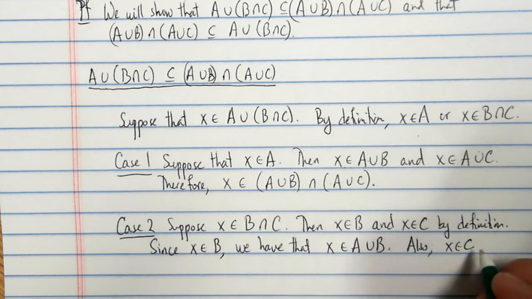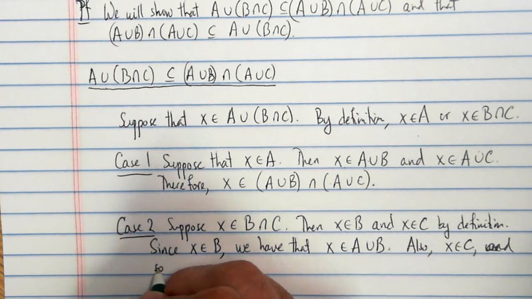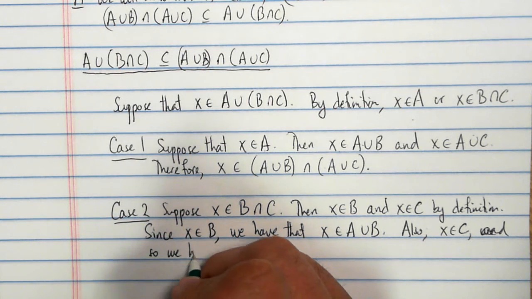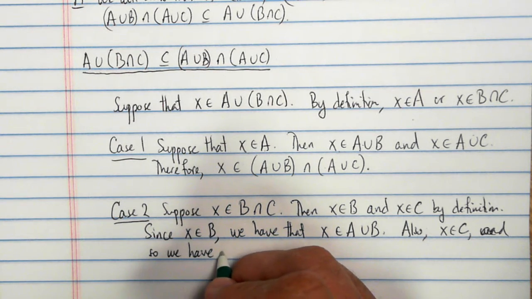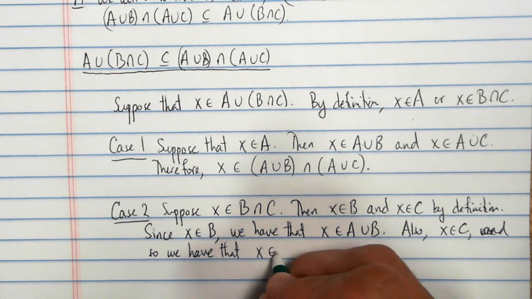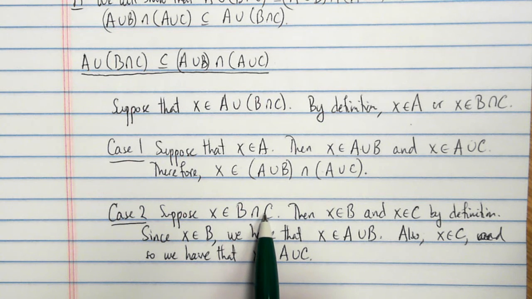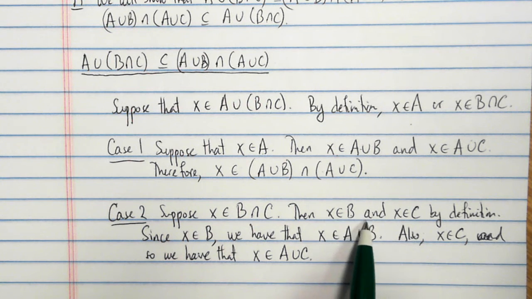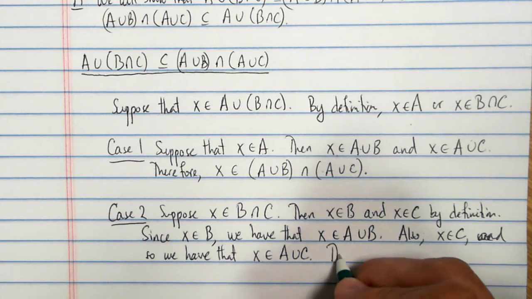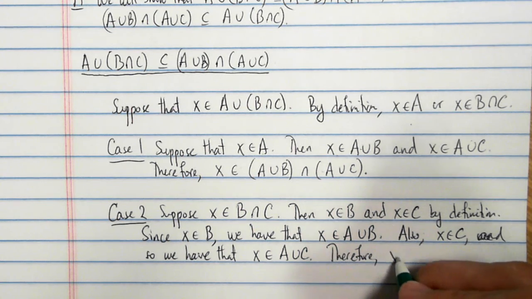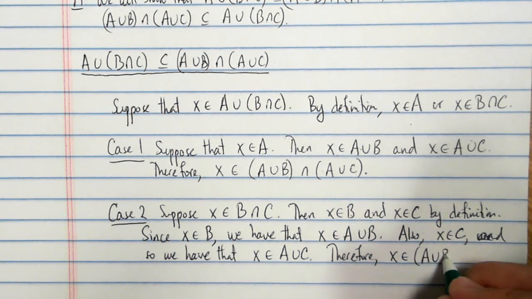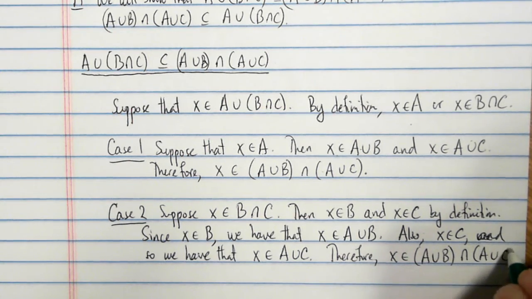X is in B and in C, and so X will be in the bigger set A union C. So if X is in B intersect C, that means X has to be in B and hence in A union B. X also has to be in C and hence in A union C. Therefore, X must be in the intersection of both sets, (A union B) intersect (A union C).